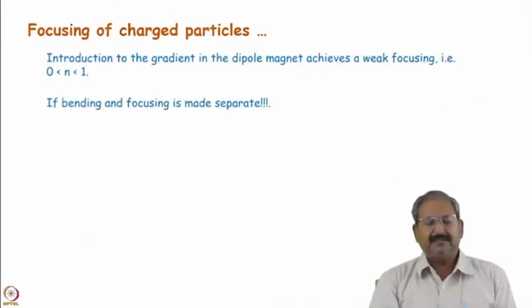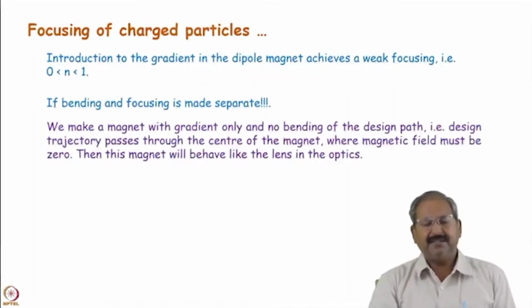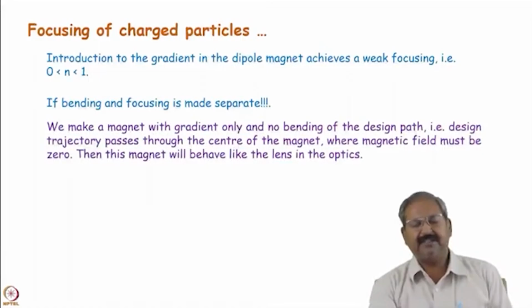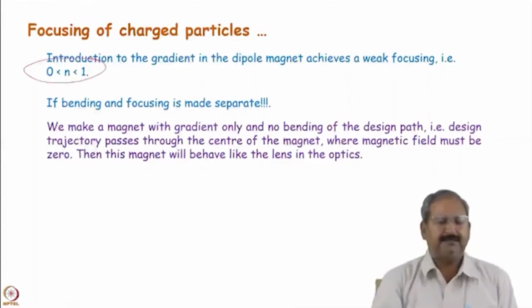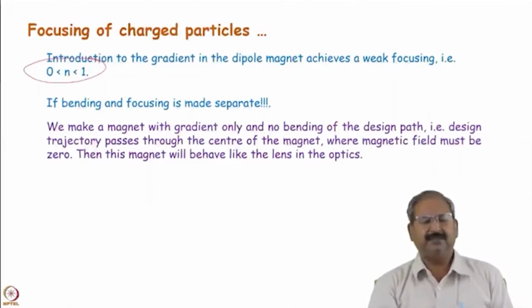And in the dipole magnet, if you introduce the gradient, then bending as well as focusing is achieved. That is known as weak focusing, and in that case the field index must be between 0 and 1 for stable motion in both the planes.